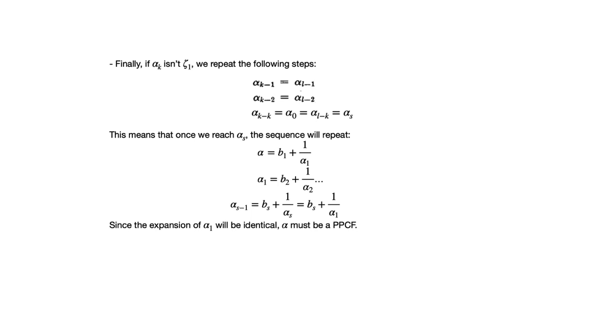So we go from alpha_k all the way to alpha_0, and from l to somewhere, let's define it as alpha_s. And this means that once we reach alpha_s from the first partial quotient, the sequence is going to repeat because we're going to expand it in the same way. And therefore, alpha must be a purely periodic continued fraction.